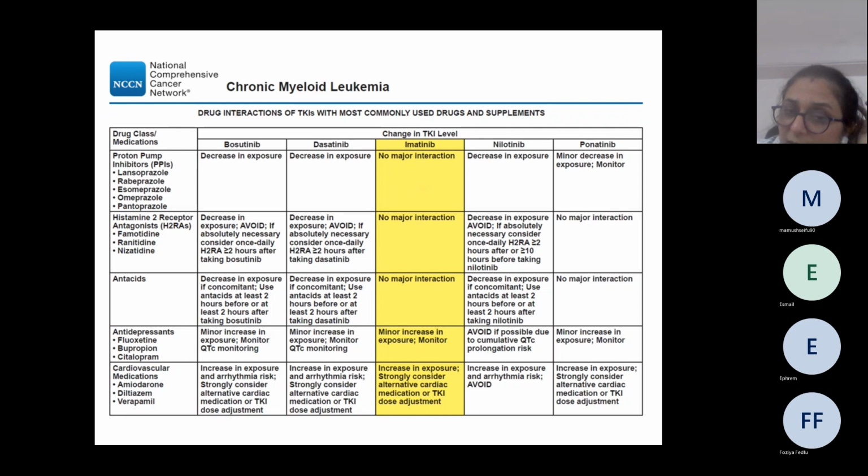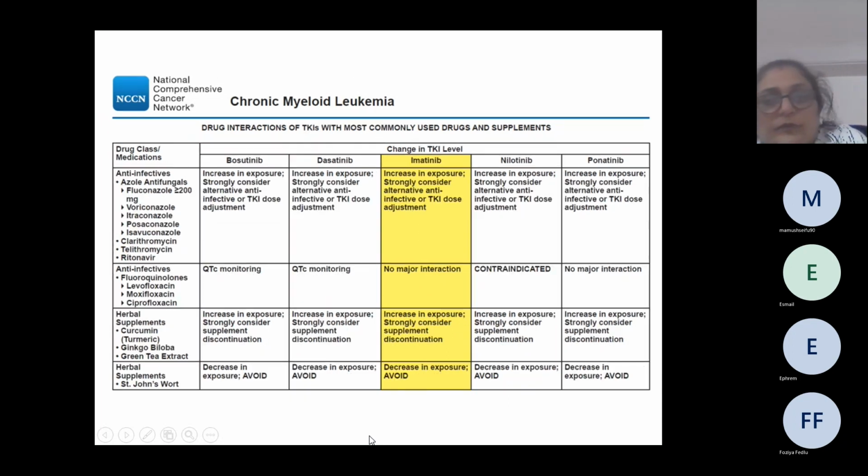It has a minor increase in exposure or minor drug interaction with antidepressants, and if the exposure of imatinib is for a very prolonged time, it can have slight interactions with cardiovascular medications. But with all the other molecules, they have got drug interactions with all of them. Therefore, giving imatinib is a safer option, right?